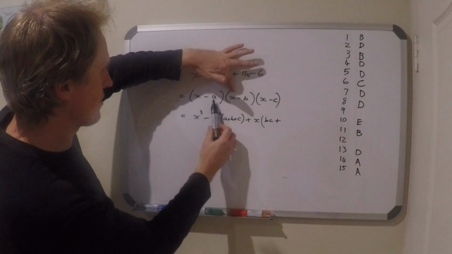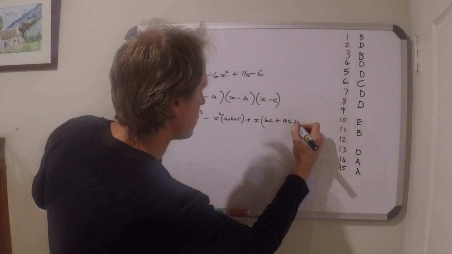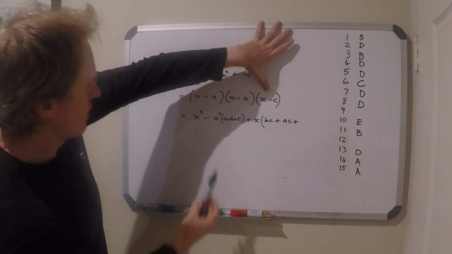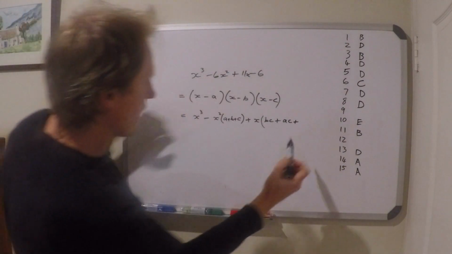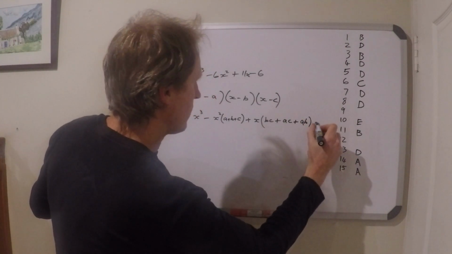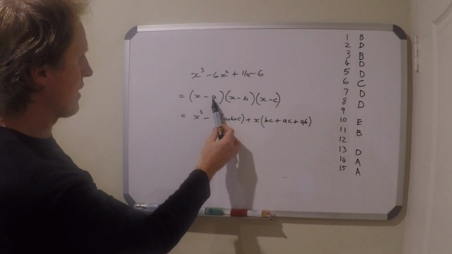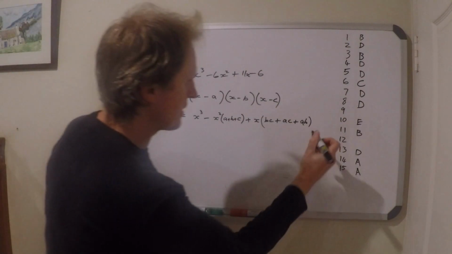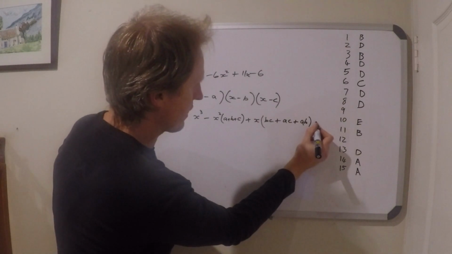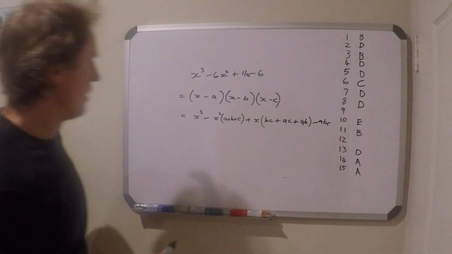If we take this x, we're going to get ac plus, finally if we take the last x, we're going to get ab. And finally, if we take none of the x's, we get a times b times c. Obviously there's 3 negatives, so we've got minus abc.